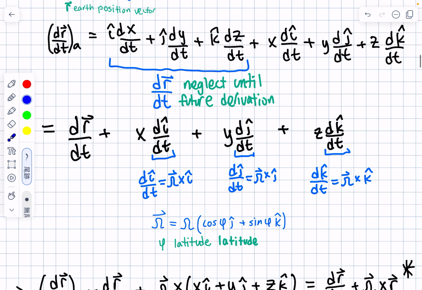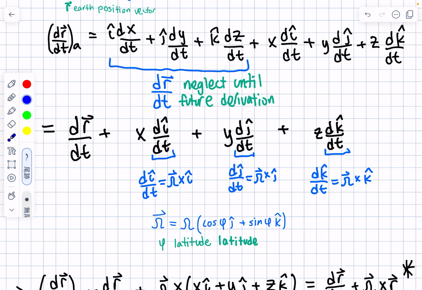And we can show through a bit of geometry and trigonometry that di dt is equal to omega vector crossed with the i unit vector, the x unit vector, and that dj dt is equal to omega vector crossed with j, and dk dt is omega vector crossed with k.